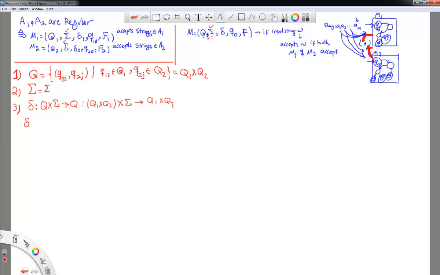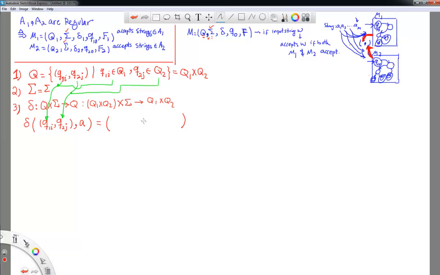If delta takes as input a pair q1i, q2j, remember, a pair of states, one from Q sub 1 and one from Q sub 2, and then a symbol from sigma, it generates a pair of states.